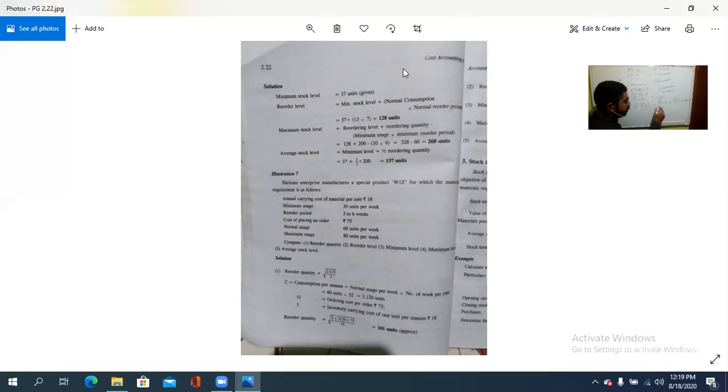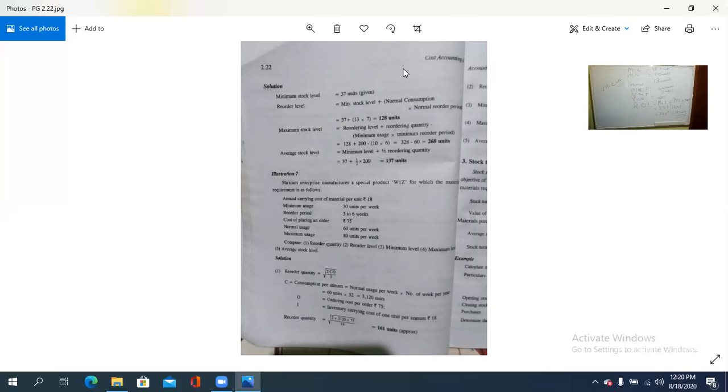So 37 plus 13 into 7 weeks. 13 into 7 is 91. So it is 128 units.